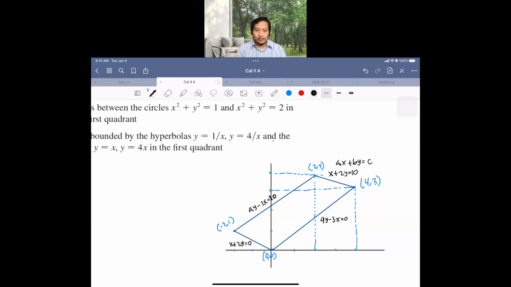Okay, now we have all these line equations, right? We have these line equations as our boundary.